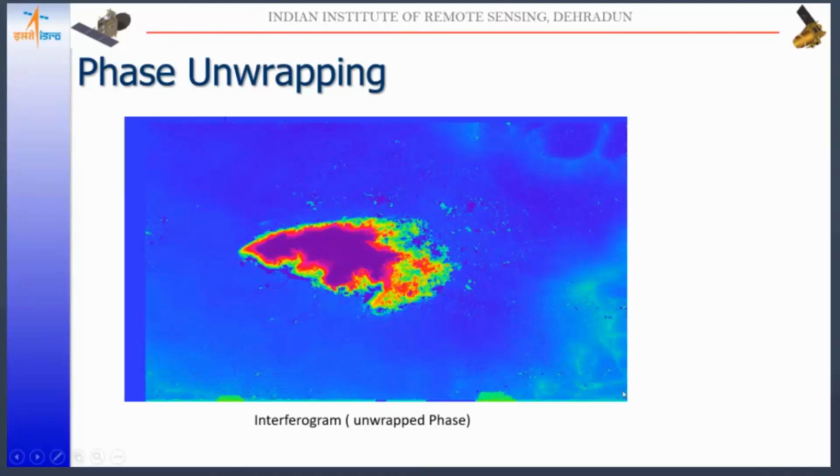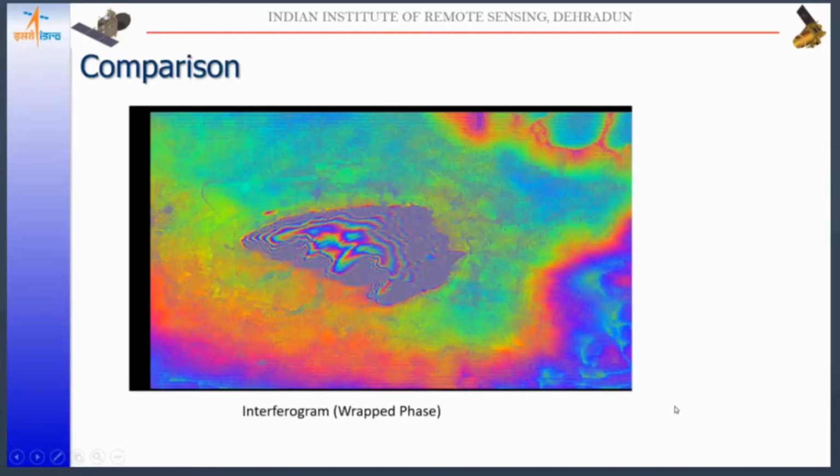So this is the unwrapped phase, and you can compare it with the wrapped phase. These are the fringes in the interferogram, because it is wrapped.